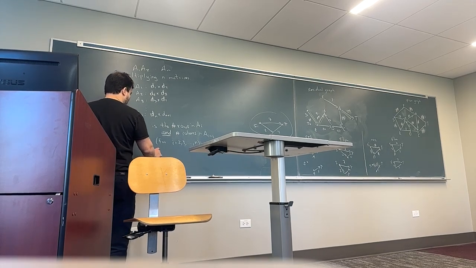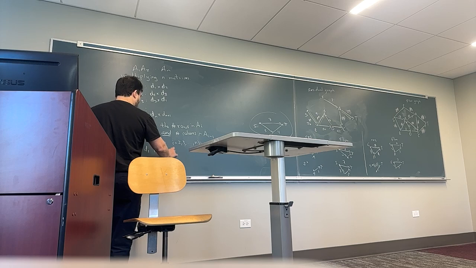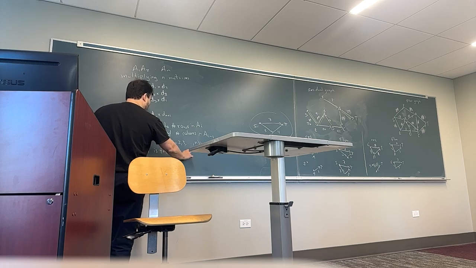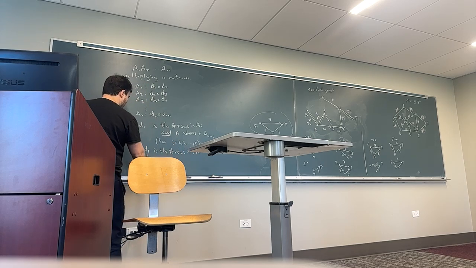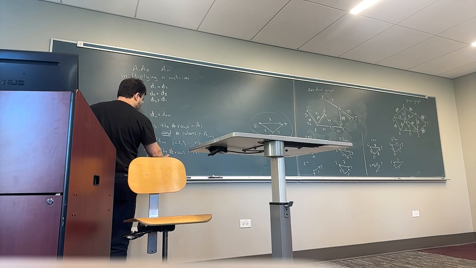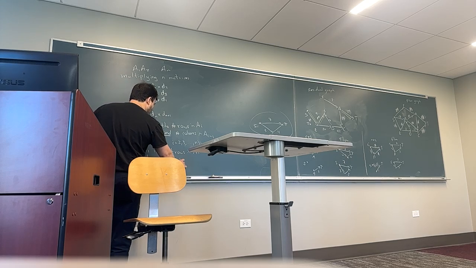d1 is the number of rows in A1, and dn plus 1 is the number of columns in An.